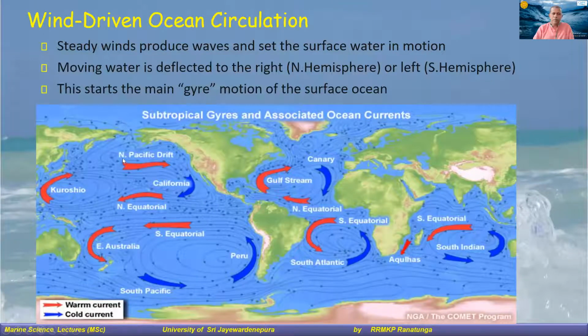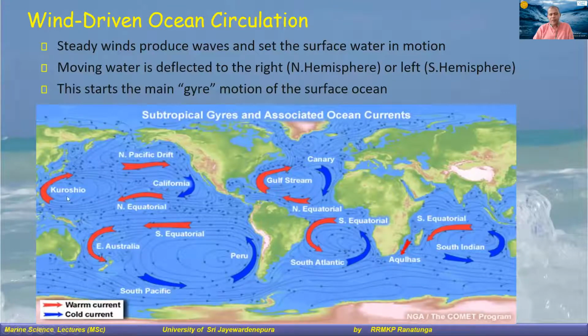And if you put it together, in this ocean basin, it's the North Pacific. If you consider it as a basin, this water column moves like this. If you take this as a whole, it's like a sort of circular movement.